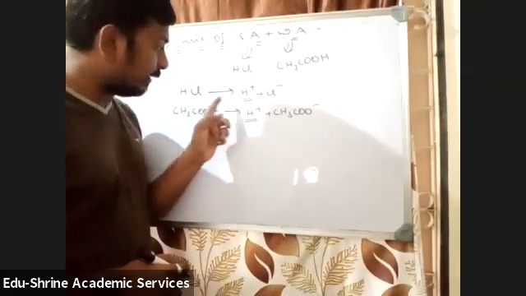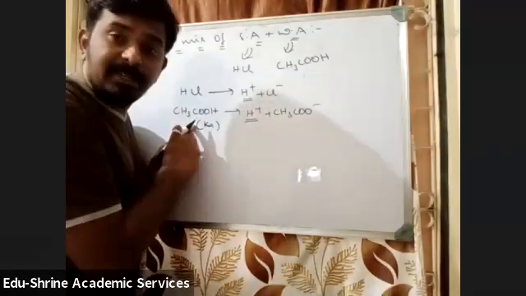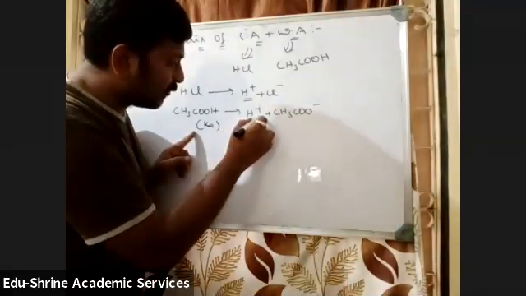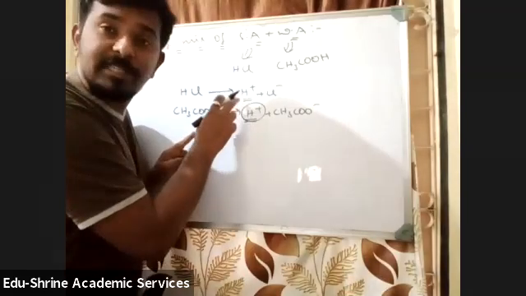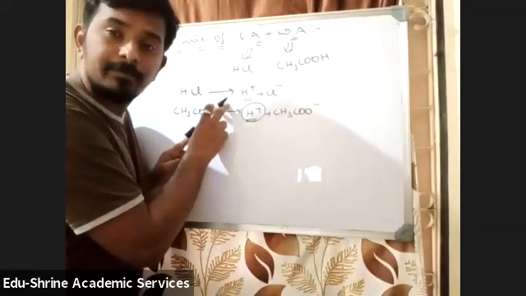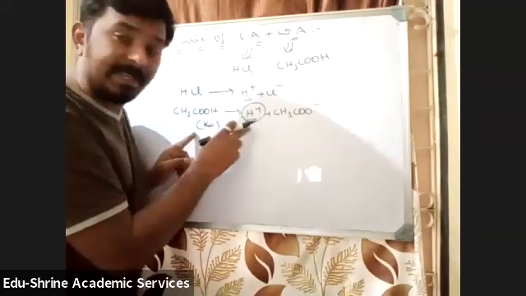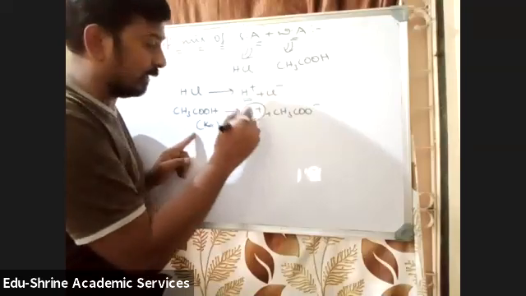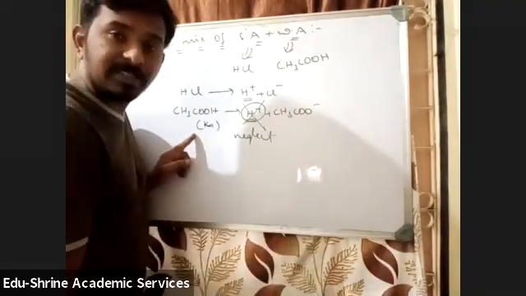So you will get more H plus ions from HCl. From CH3COOH, this is a weak acid. Can I tell that the number of H plus ions produced from acetic acid will be negligible when compared to the number of ions from HCl? Yes. So I'll neglect the H plus ions produced from acetic acid.